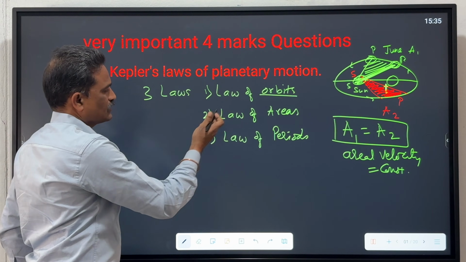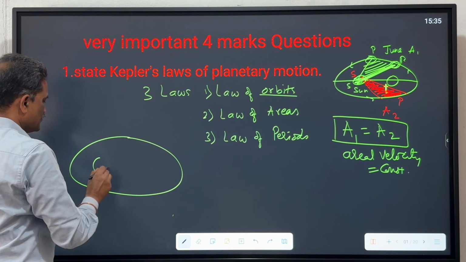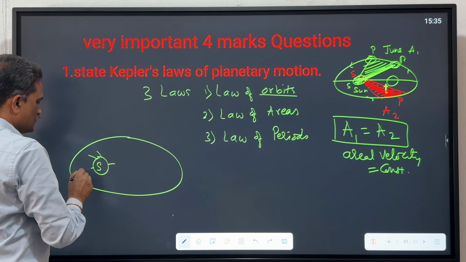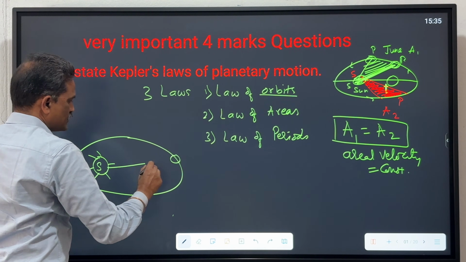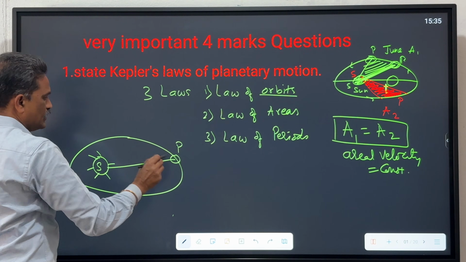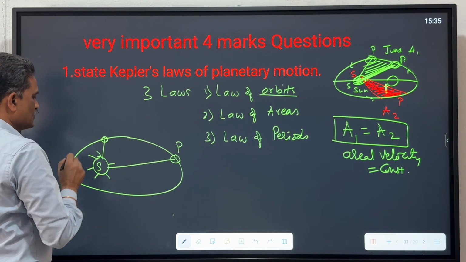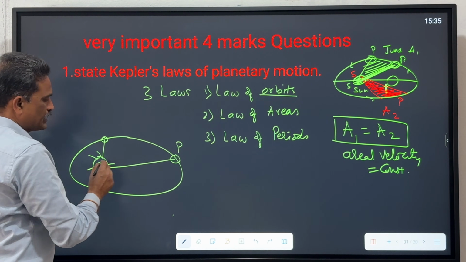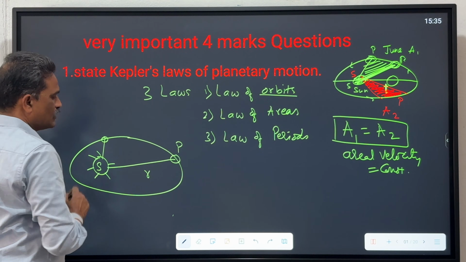Now, what does the third law say? This is the elliptical orbit. Here is the sun around which a planet is revolving. The distance between the planet and the sun is changing. Here it is far away; when the planet is here, it is very near. So I will take the average distance. Let us say the average distance is r.